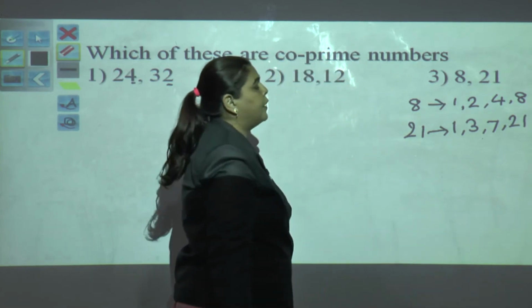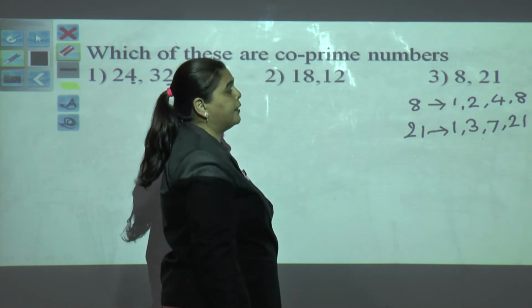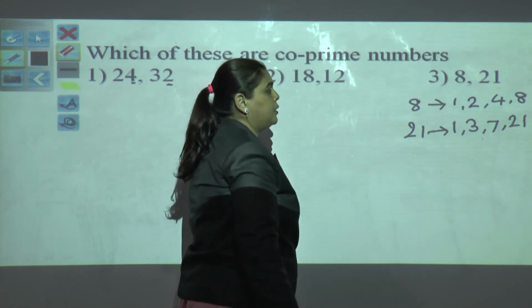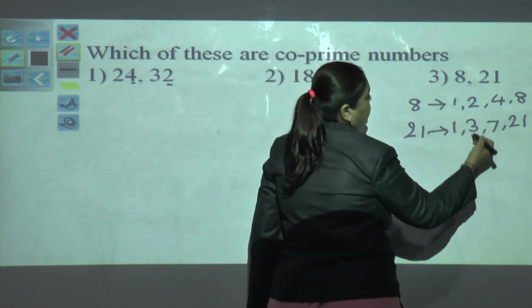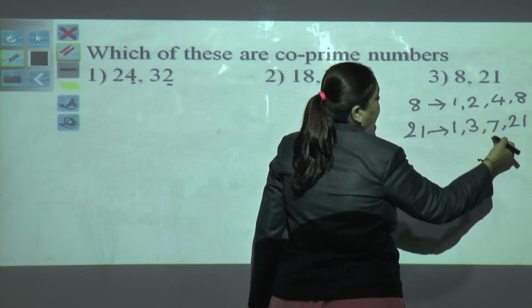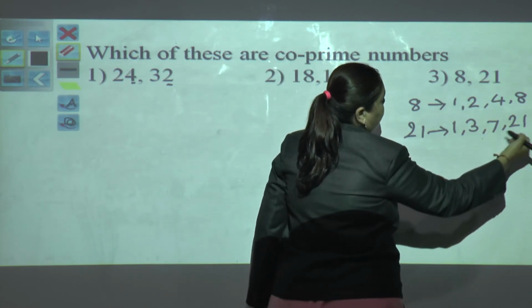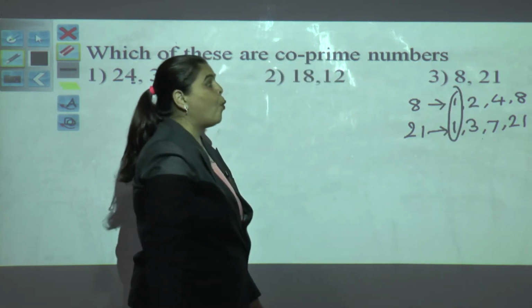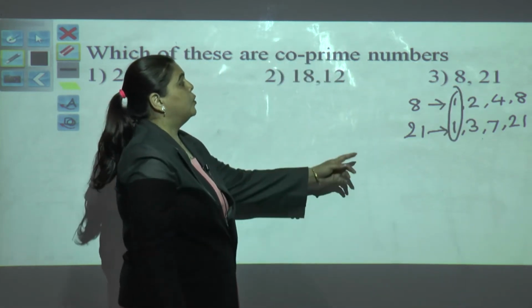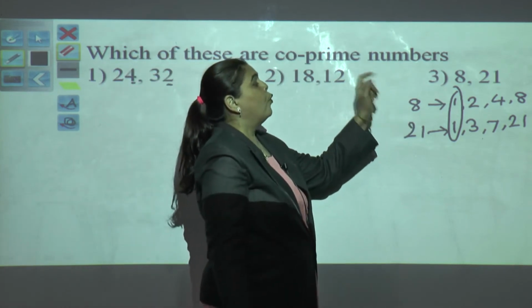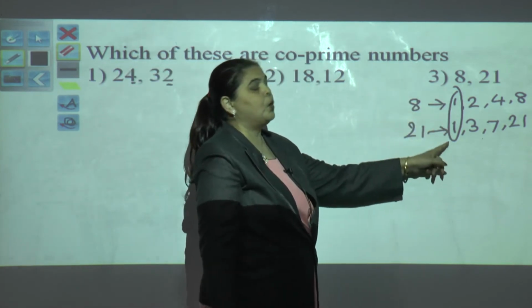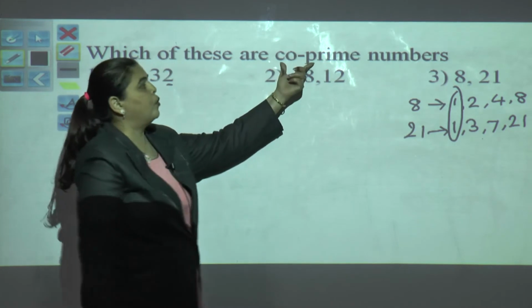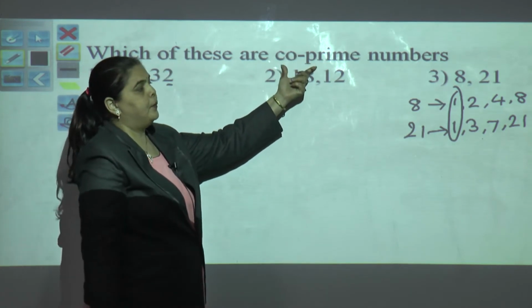Now can you find out what are the common factors between 8 and 21? We don't have 2 here, we don't have 3, 4 is not there, 7 is not there. Between 8 and 21 we have only one common factor, which is 1. The numbers where 1 is the only common factor are known as co-prime numbers.